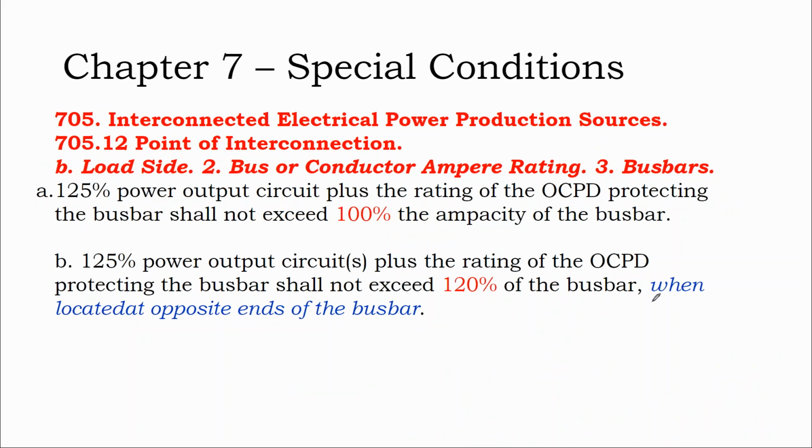except in one circumstance. And that circumstance is when power source A and power source B are located as far away from each other as possible, so that their power sources get used up before they interact with each other.